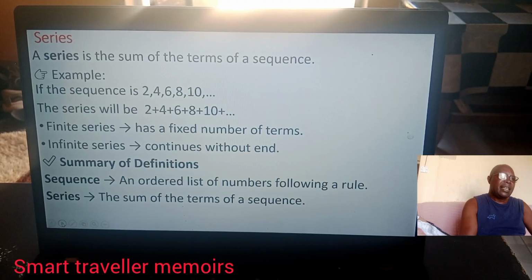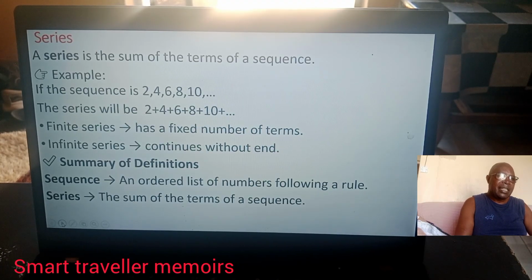A finite series has a fixed number of terms. An infinite series continues without end. In short, series and sequences have the terms finite and infinite.